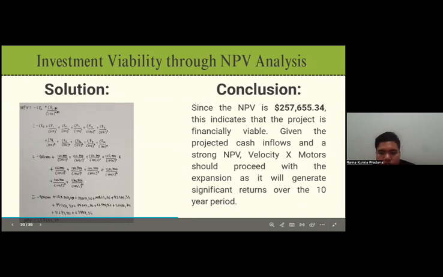And for the conclusion, since the NPV is $257,655.34, this indicates that the project is financially viable given the projected cash inflows and a strong NPV. Velocity X Motors should proceed with the expansion as it will generate significant returns over the 10-year period.